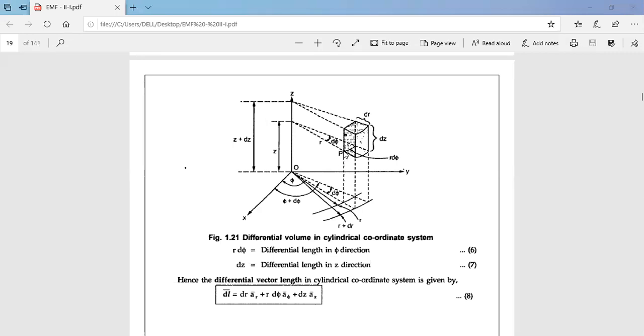And you go from one point to the next, so it's along the same direction. So it's in the AR direction, right? Yes, sir. Along the circumference, your length is R d phi, where phi is in radians.